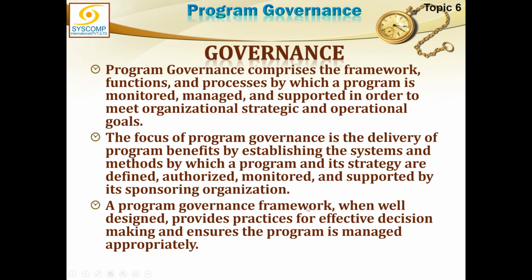Our program governance framework, when well designed, provides practices for effective decision making. The ultimate target is that through this governance framework, the top level management should be able to take apt decisions, right decisions at the right time, and the decision making process should be effective.